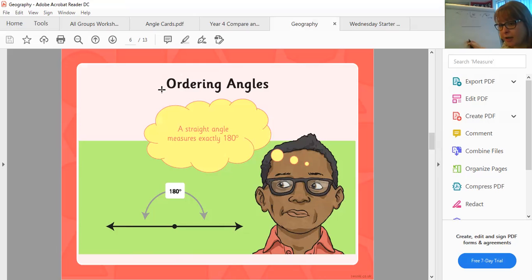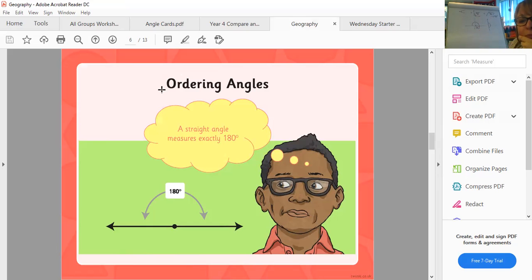Now, it might look like I have just drawn a straight line, but this angle here, or if I was to draw it this way around, this angle this side or that side, it's 180 degrees. Now, if I drew an imaginary line down there, or an imaginary line across there, can you think why that might be 180 degrees?